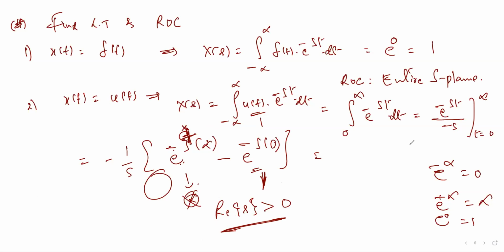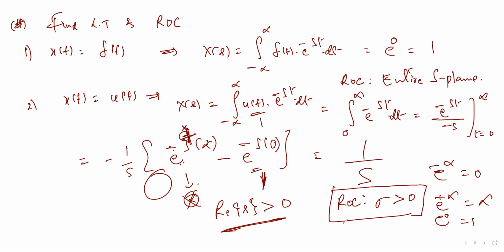So that minus minus plus, which is 1 by s with the ROC. Real part of s is sigma. Sigma greater than 0 is the ROC. So u of t, Laplace transform 1 by s with ROC sigma greater than 0.